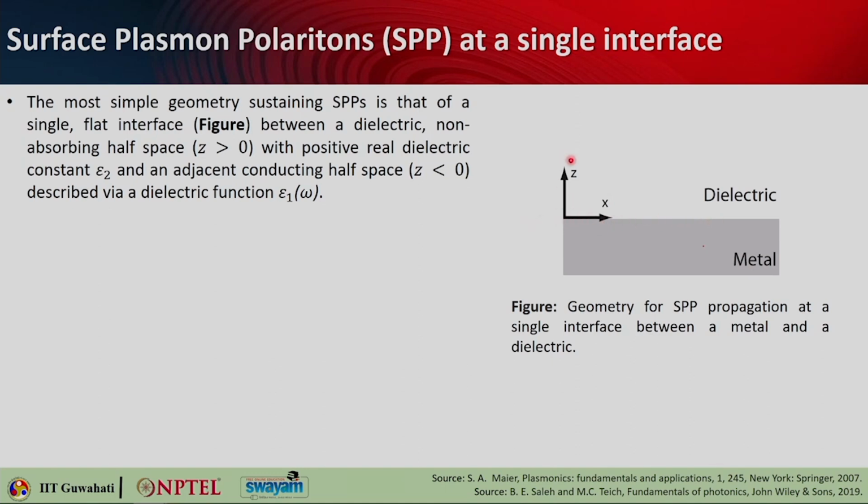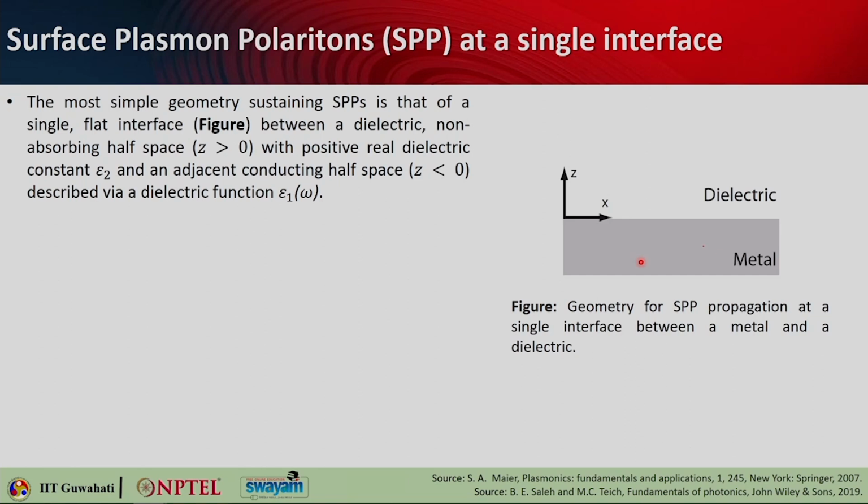For z greater than 0, you can take that half space to be dielectric, non-conducting and non-absorbing, and the bottom half, z less than 0, is a conducting half space.